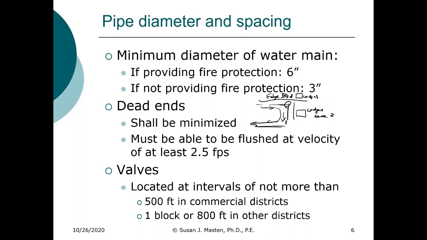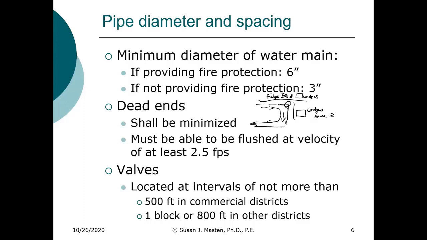Ideally, you want a minimal number of dead ends, because in that situation, you're essentially at the end of the pipe, and water is going to tend to stagnate. If water tends to stagnate, then it's sitting there, and it's more likely to have chemicals from your pipes dissolving into it, bacterial regrowth in that system, and degrading the quality of the water.